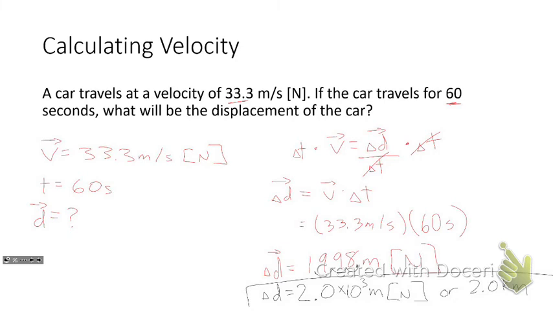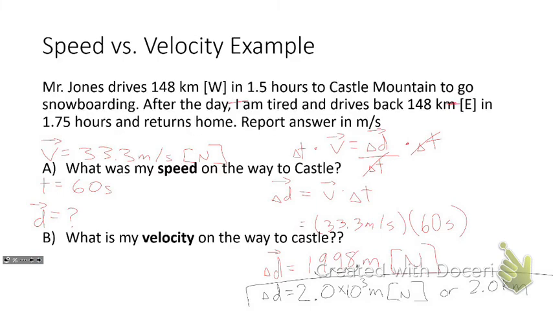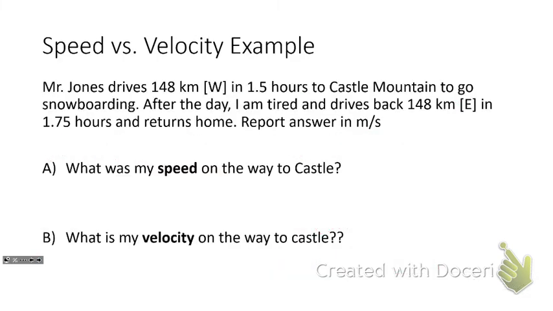Cool. One more example for you guys, and then you guys will have some time to practice. Okay? So let's try this one on your own, please. Okay, so like you're going to do anytime that you're faced with a problem, just write down what you know.